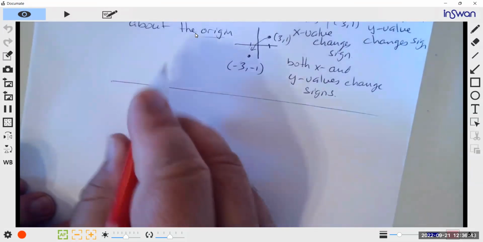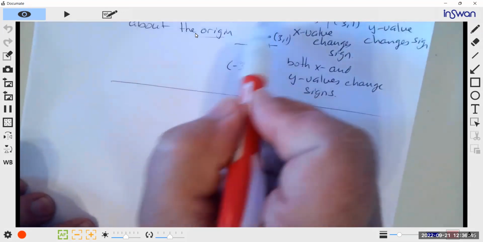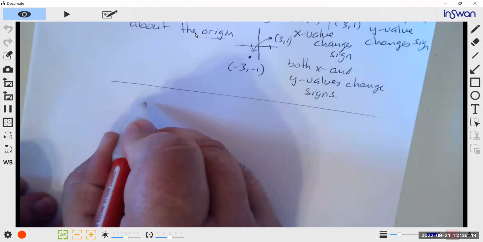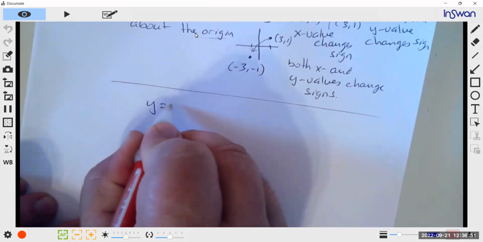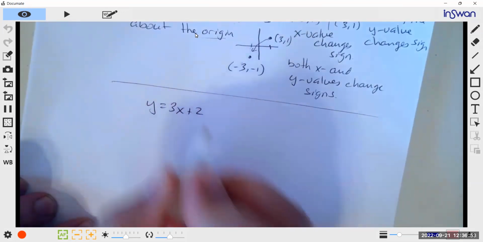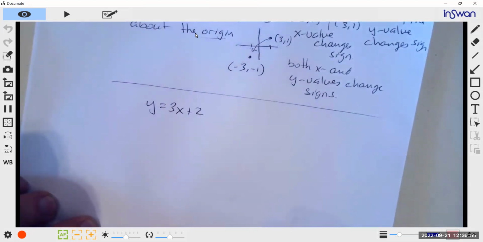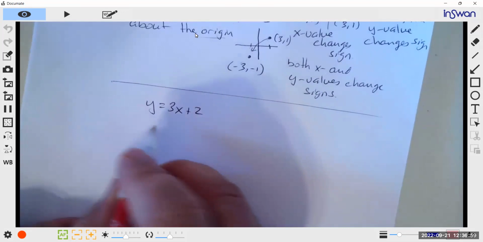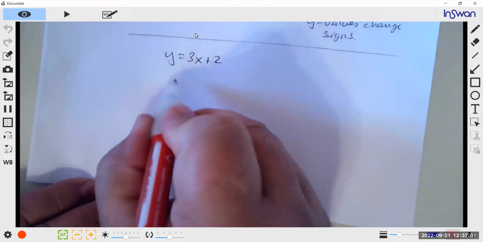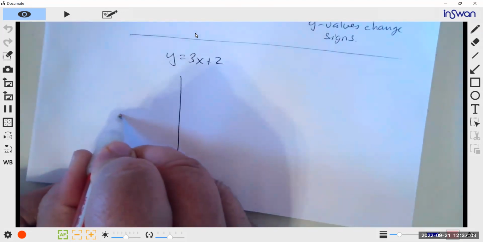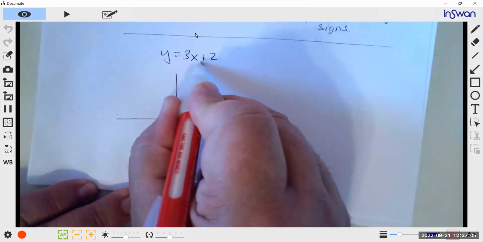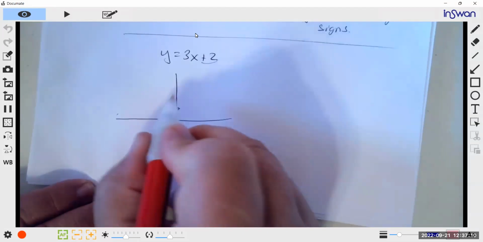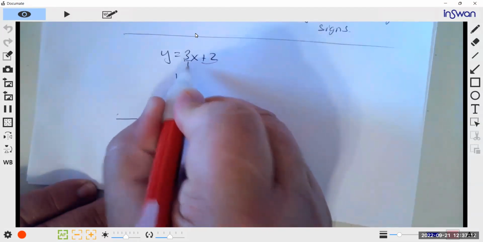We do the same thing. We have reflection of graphs, not only just single points, but we look at all the points. For example, let's look at the line y equals 3x plus 2. If we drew the graph, it crosses the y-axis at 2. So we have a dot there. The slope is up 3 over 1.